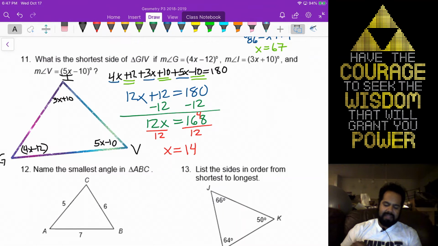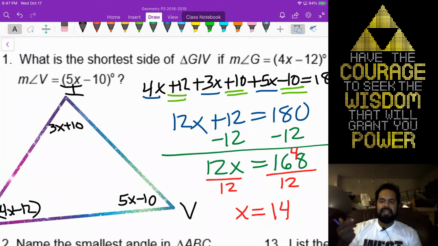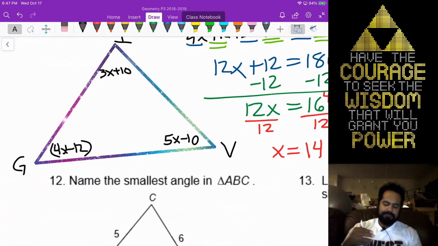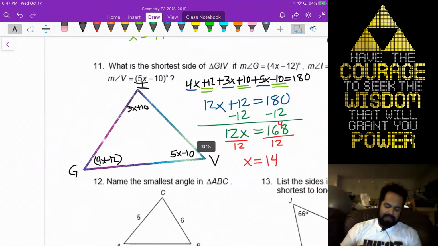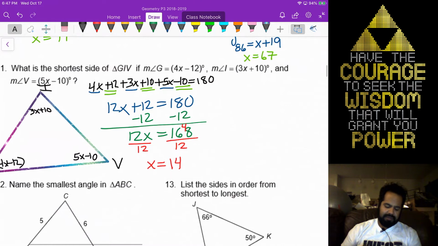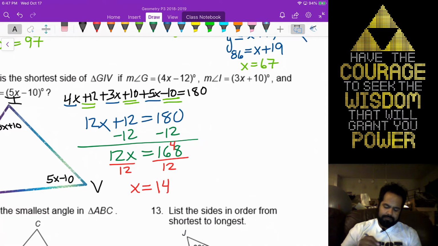So now looking back here, we're saying what is the shortest side? The shortest side is going to be opposite the smallest angle. So we're going to want to find which of these 3 is the smallest. I'll do the work over here. So angle G is going to equal 4 times 14 minus 12. 14 times 4 is 56 minus 12.